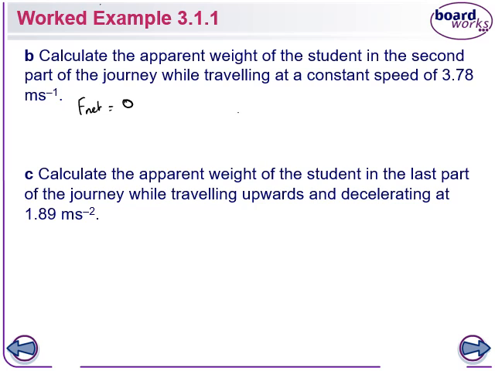And so from our other equation, Fnet equals Fg plus Fn. If Fnet is 0, then Fg equals negative Fn. So they are the same magnitude, but opposite in direction. So Fn is just equal to Fg.